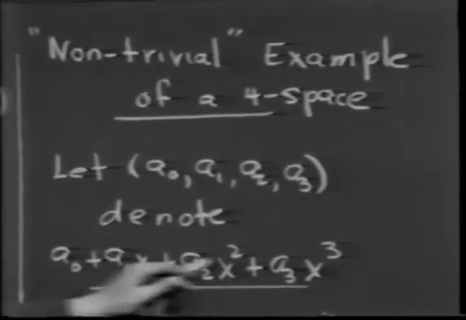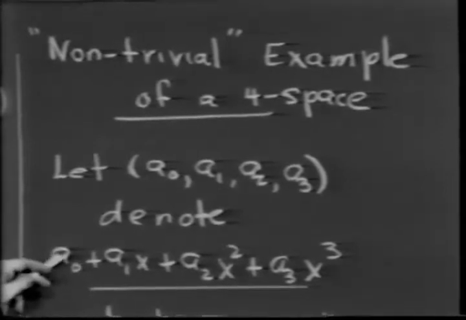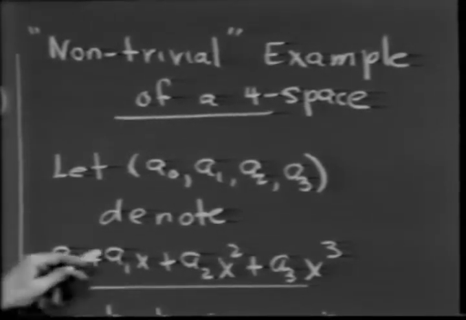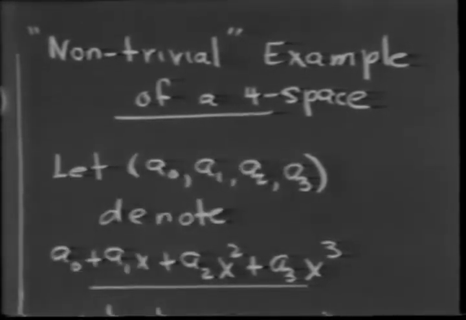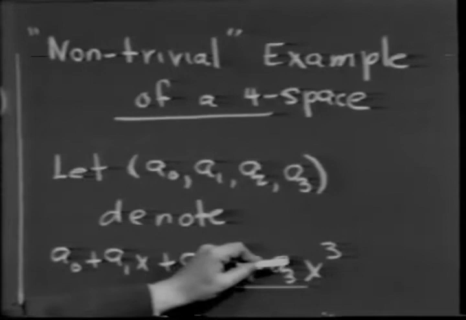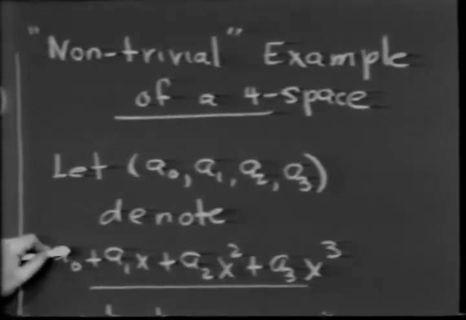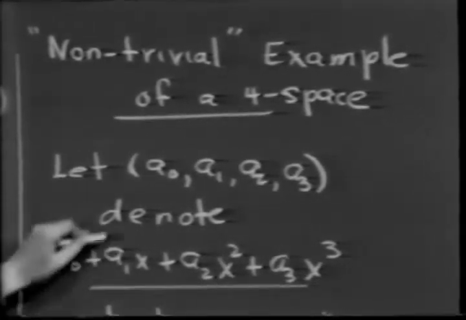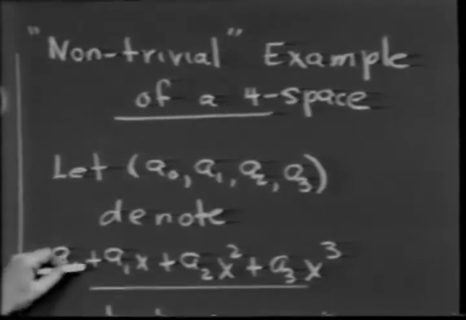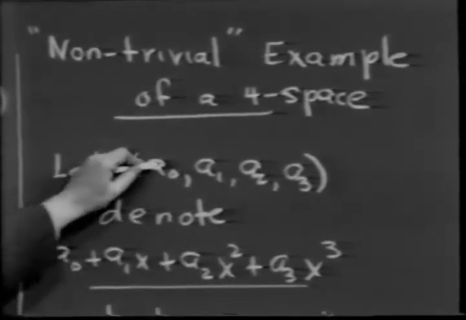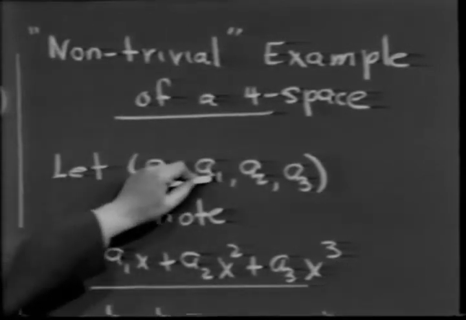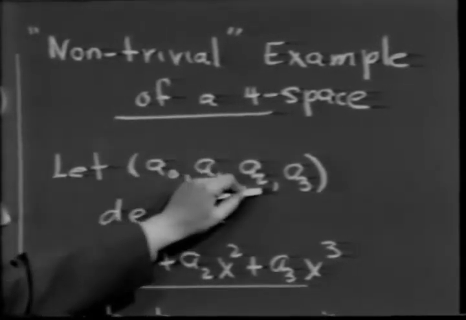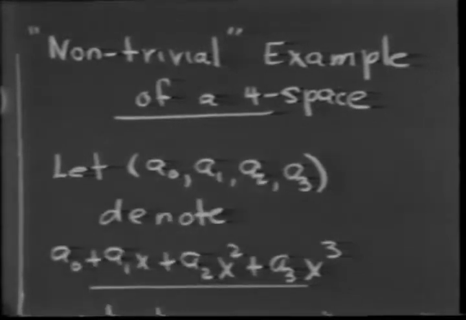Notice that for two polynomials to be identically equal, they must be equal, what? Coefficient by coefficient. That means what? Component by component. How do we add two polynomials? We add them coefficient by coefficient. We add like terms. In other words, given two polynomials, we add them what? Component by component. We add the two constant terms together, the two coefficients of x together, the two coefficients of x squared together, the two coefficients of x cubed together, you see?